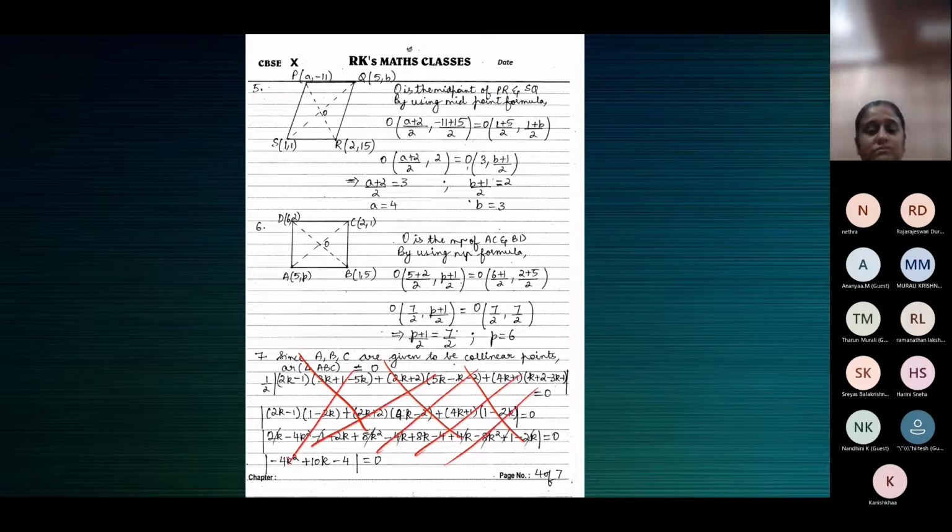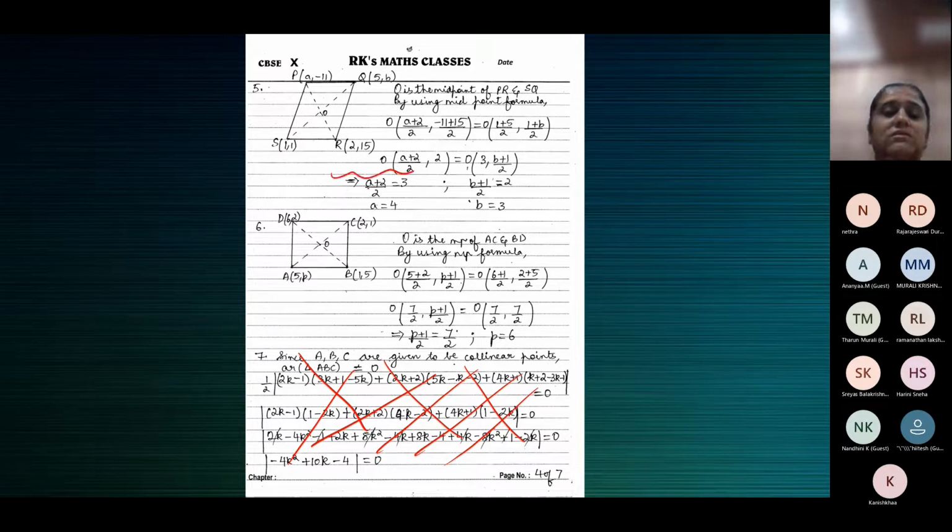Area of triangles. Okay, it's time. These are all most frequently asked questions.